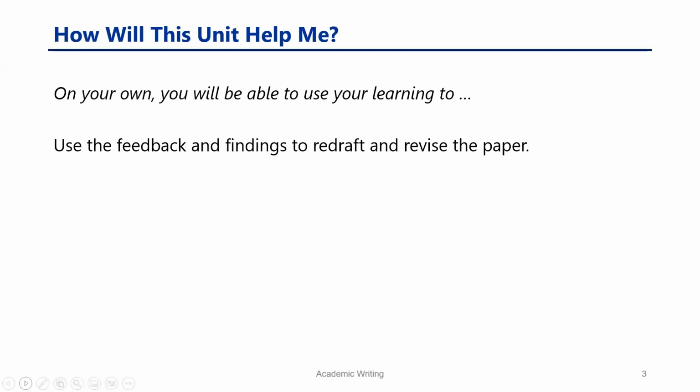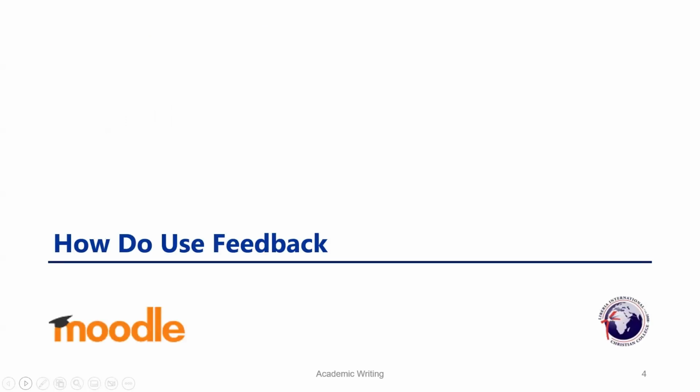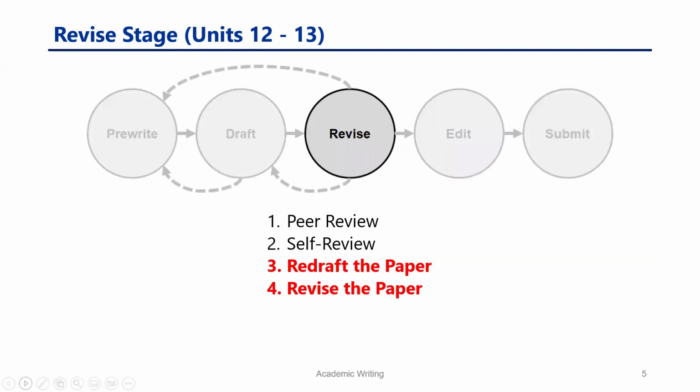The goal for this unit is to use the feedback and findings you received to redraft and revise the paper. So, how do you use the feedback? The second part of the revise stage involves redrafting the paper and revising the paper. Let's look at what those are.